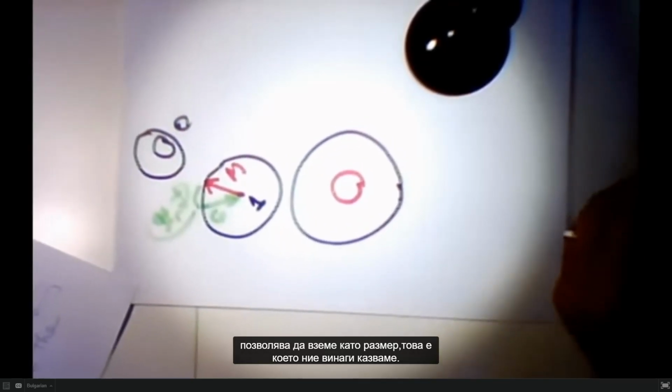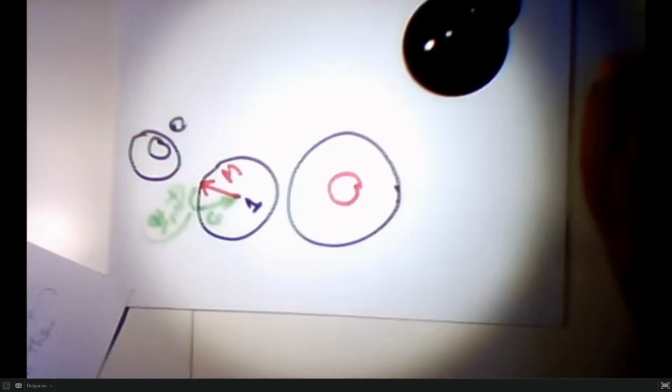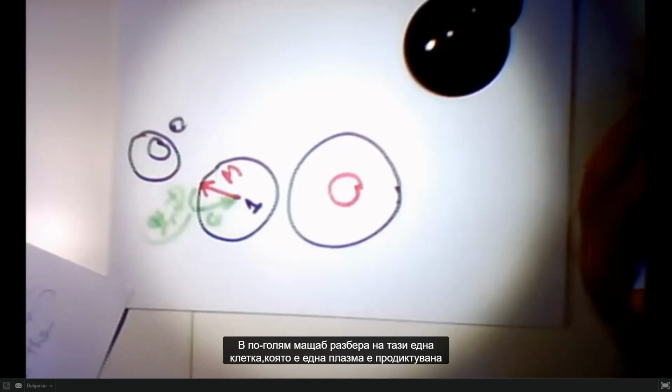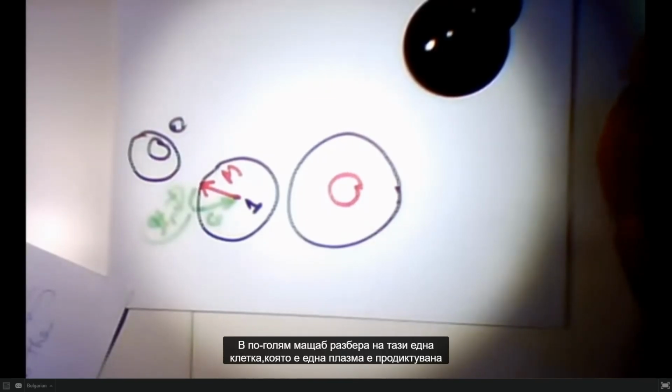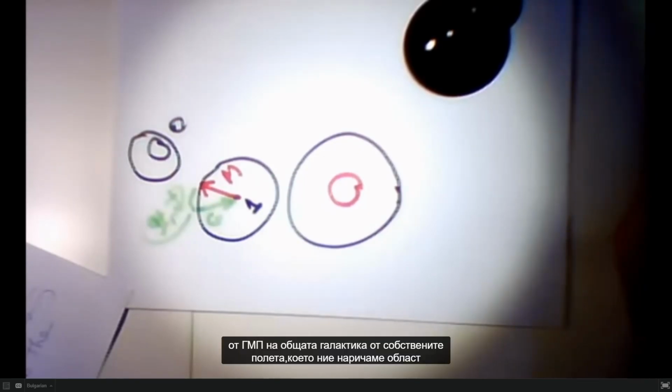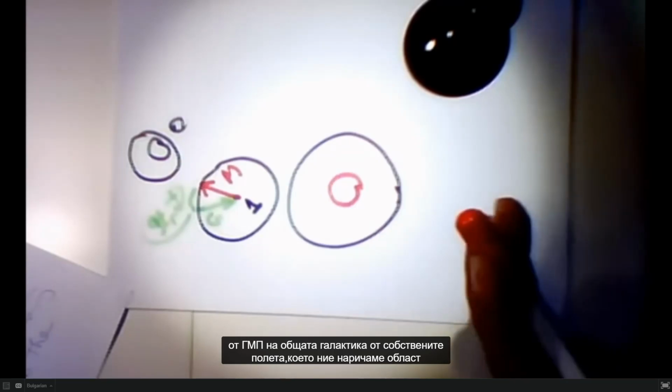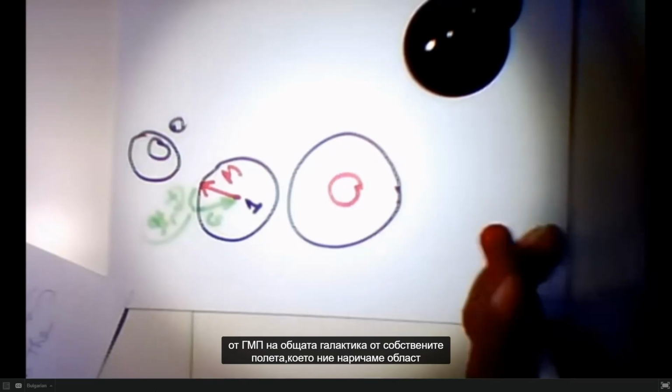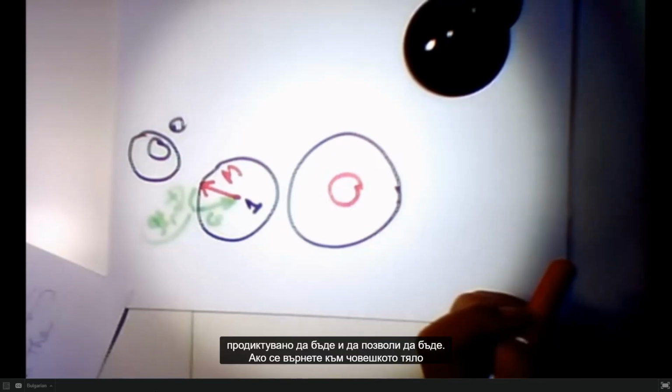This is what we always say. On a larger scale, the size of this solar cell, which is one plasma, is dictated by the gravitational magnetic field of the total galaxy, or of the fields of its own area, and it allows it to be.